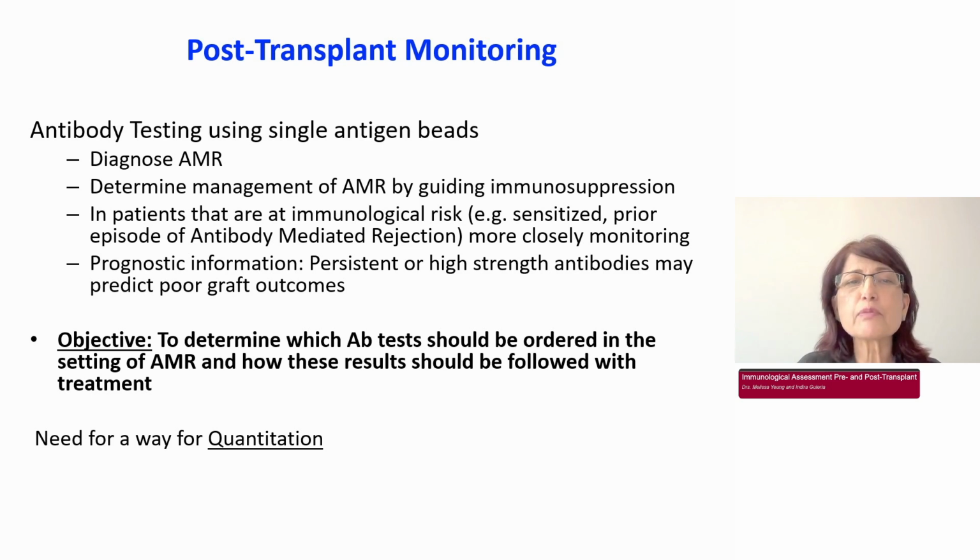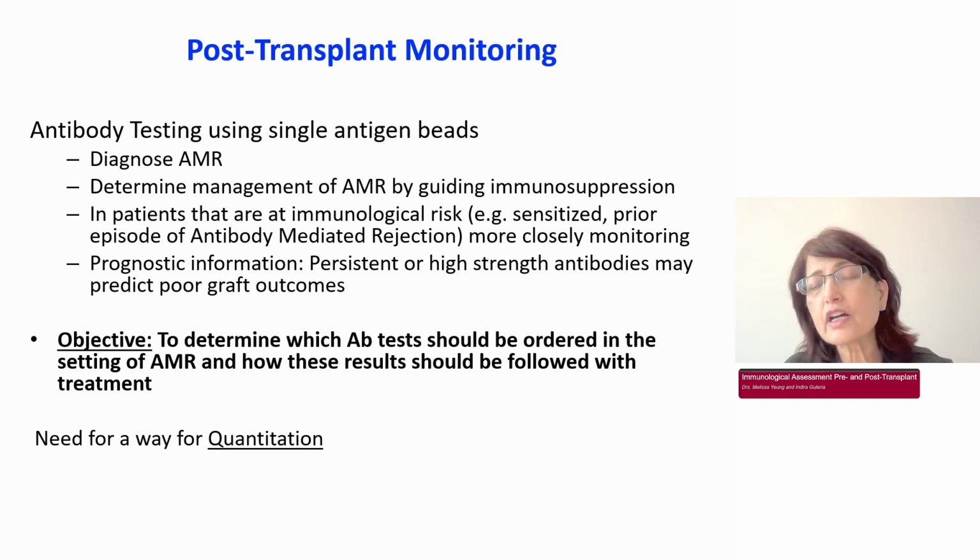For post-transplant monitoring, we screen for antibodies post-transplant to diagnose antibody-mediated rejection, to determine management of AMR by guiding immunosuppression, and also in patients at higher immunological risk for more closely monitoring for antibody detection.